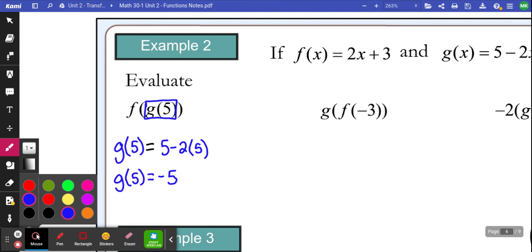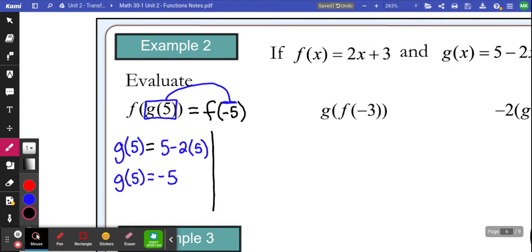Now that you know what g of 5 is actually equal to, you could go back and change this. Instead of saying f of g of 5, I could say f of negative 5, because I know g of 5 equals negative 5. And I could then calculate f of negative 5, which would be 2 times negative 5 plus 3. f of negative 5 equals negative 7.